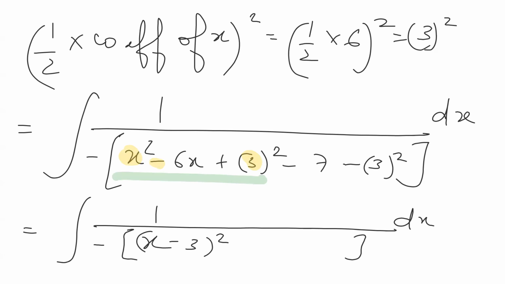It cannot be x plus 3. It is x minus 3. This sign is important. Last two terms is minus 16 because minus 7 minus 9 is minus 16.